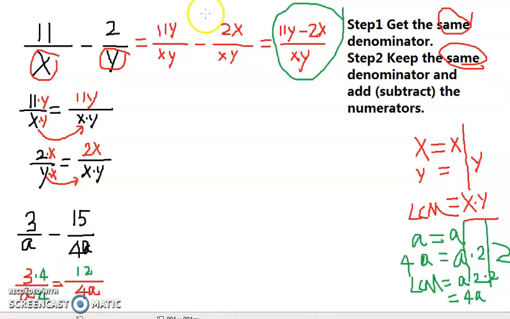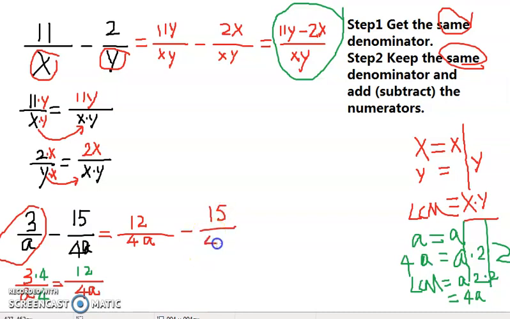This second one, since the denominator is already 4a, we don't have to change it. So we're going to replace the first fraction 3 over a with its equivalent one, 12 over 4a. The second one, we keep it the same, because the denominator is already the LCD 4a. So we keep it as 15 over 4a.